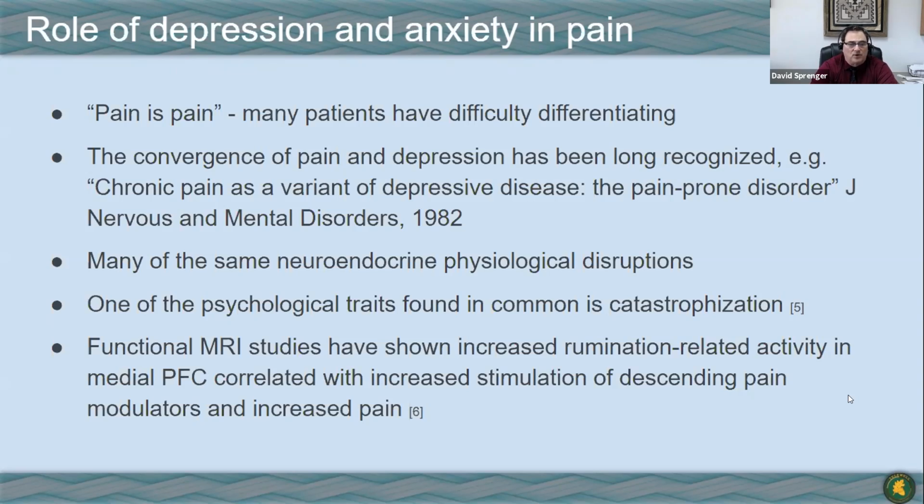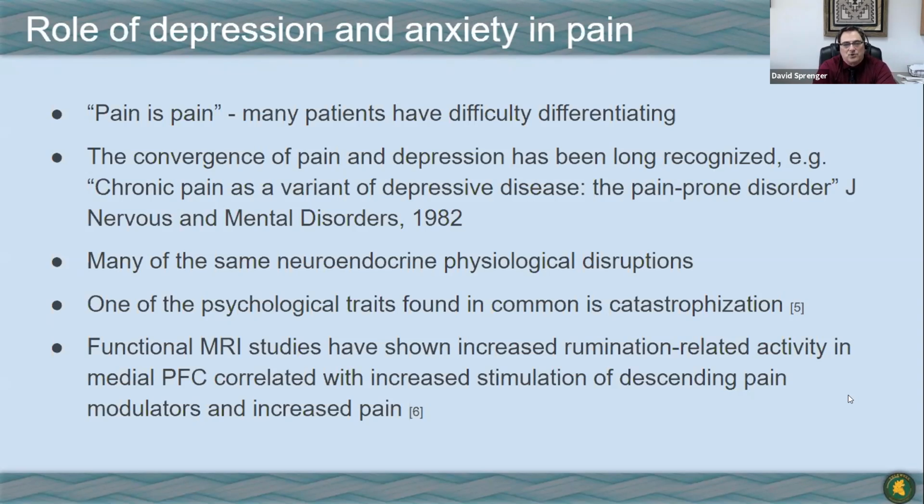Also, functional MRI studies have shown that you have increased rumination-related activity in the medial prefrontal cortex, so in the middle, kind of, in the frontal cortex.